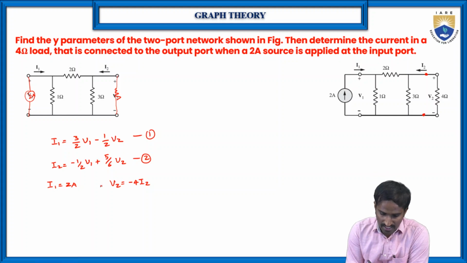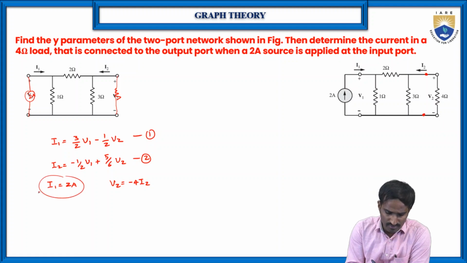Then substitute these I1 and V2 values in equation number 1 and 2. First let us substitute in equation number 1. Then equation number 1 becomes 2 is equal to 3 by 2 into V1 minus 1 by 2 into V2.